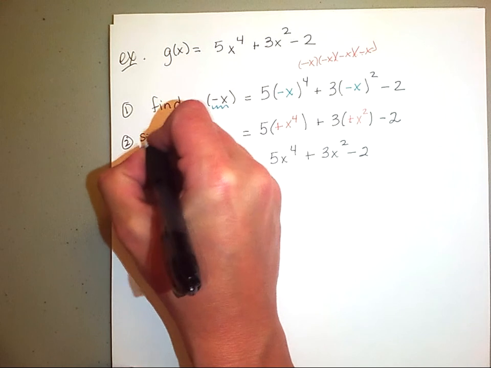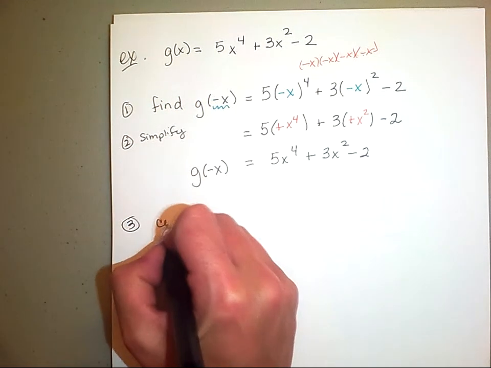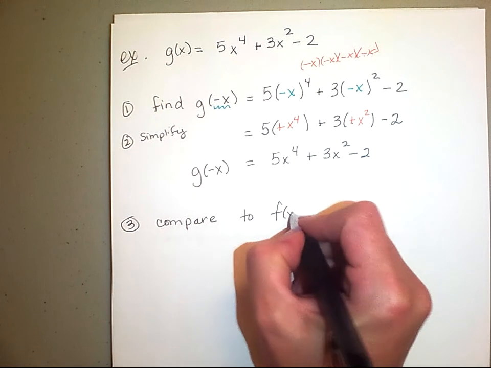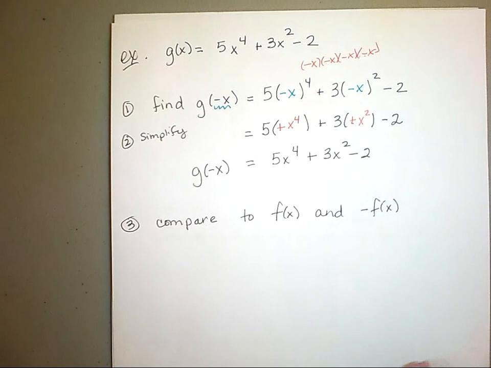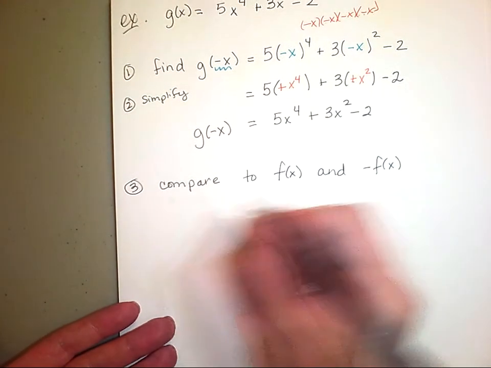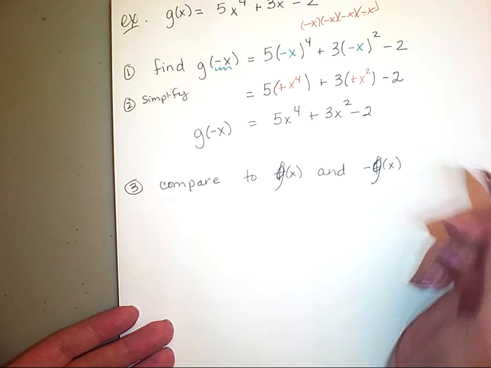So here we simplify, and now we're at step 3, we need to compare to the original function and to the opposite of the original function.